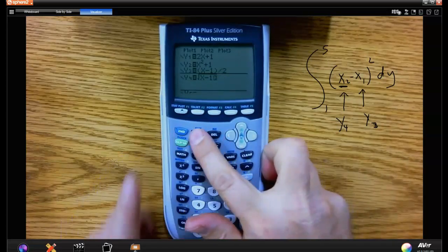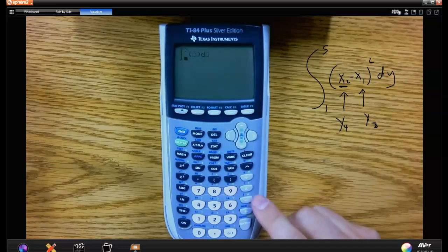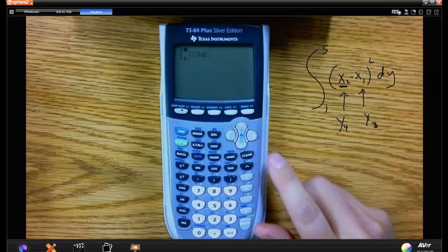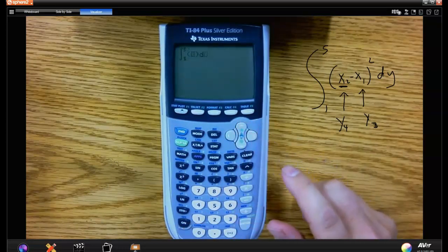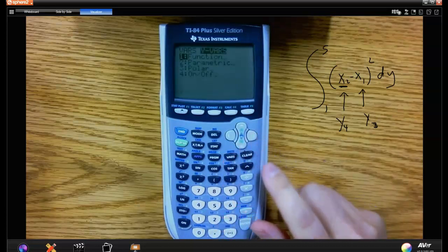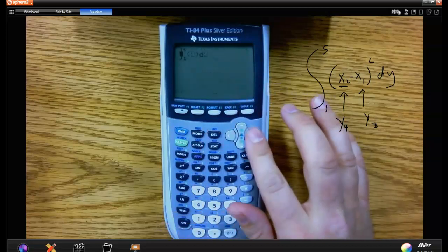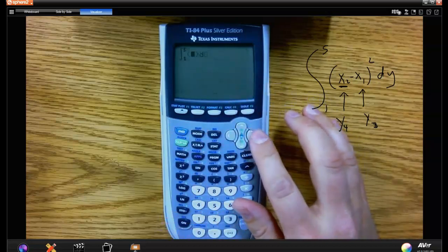All right, so here we go. Second quit. Math, integral. We're going from 1 to 5. And we're going to do parentheses, or you could do absolute value. Let's do absolute value just so it's more common to you guys.